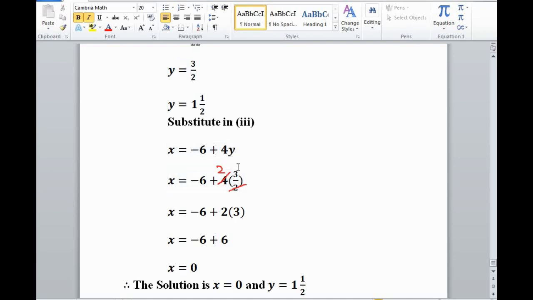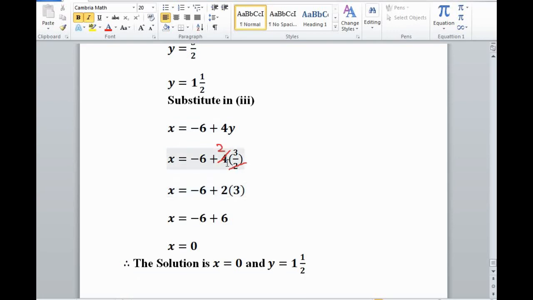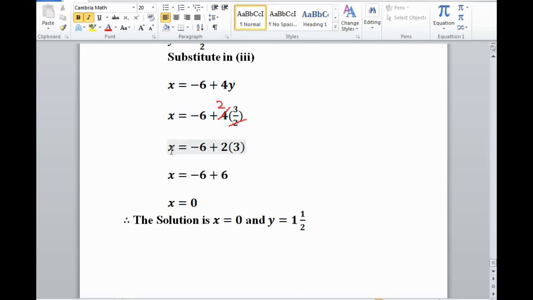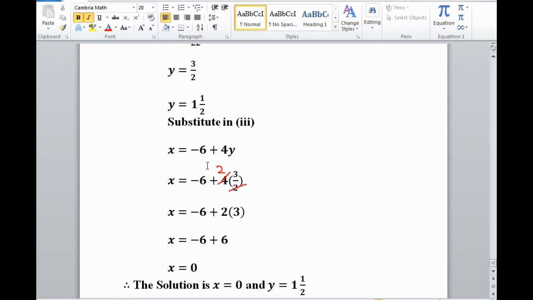So let's replace y by 3 upon 2. Since 4 and 2 are multiples of 2, 2 times 2, 4. And then the equation becomes x equals negative 6 plus 2 multiplied by 3. 2 times 3, 6. Negative 6, positive 6 is 0. So the solution set is x equals 0 and y equals 1 whole 1 upon 2.